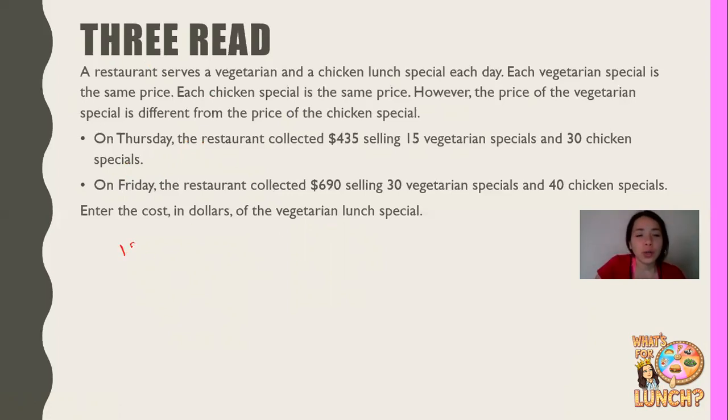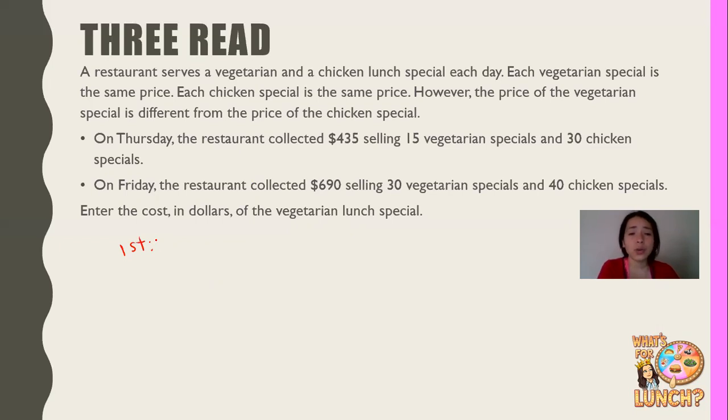So for our first read, we're going to focus on what is this problem about. Make sure to type it into the chat box if you already know, but I'm going to read it the 3 times. So a restaurant serves a vegetarian and a chicken lunch special each day. Each vegetarian special is the same price. Each chicken special is the same price. However, the price of the vegetarian special is different from the price of the chicken special.